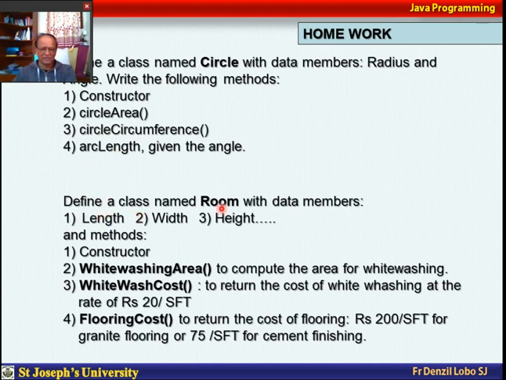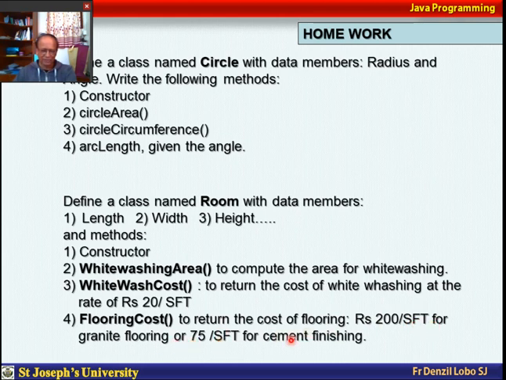Then one more. Define a class named Room with these data members: length, width and height. So create a constructor, and calculate the whitewashing area. The whitewashing cost is given here, how much it costs per square foot, and here the flooring cost, as you see given here, 200 rupees for a square foot of the granite flooring.